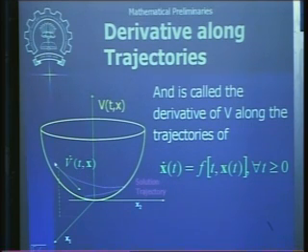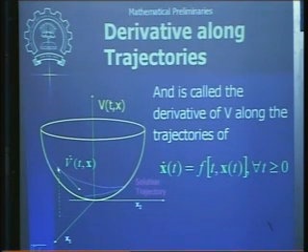Now the slope of this solution trajectory projected on v at a particular point will give you v dot at that particular point. That is the physical interpretation of v dot, the derivative of v along the trajectory.